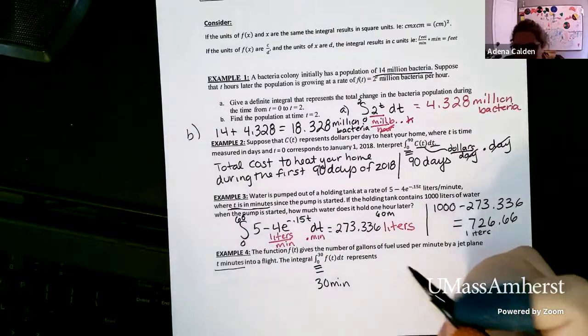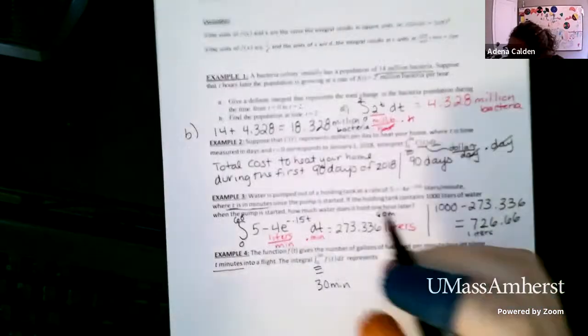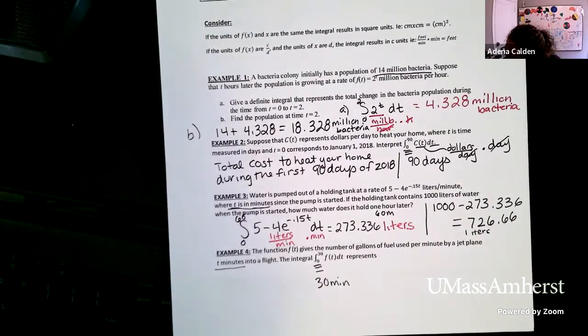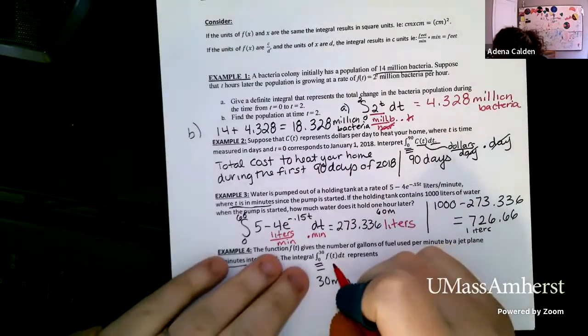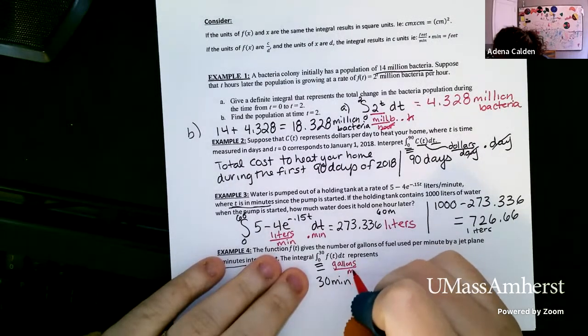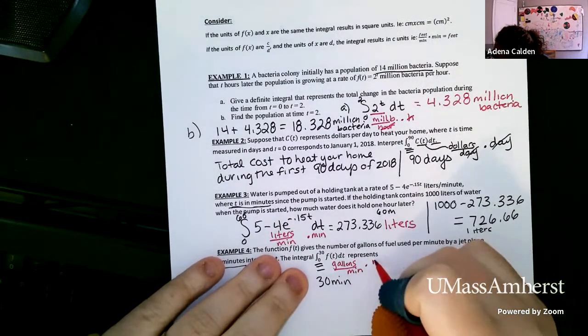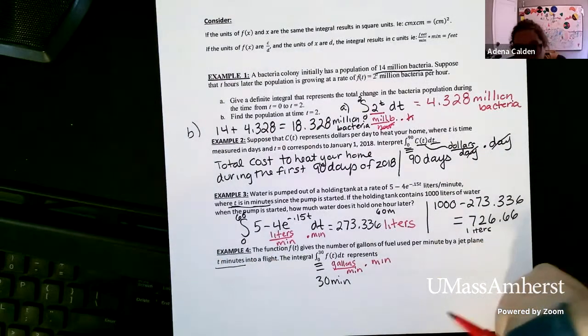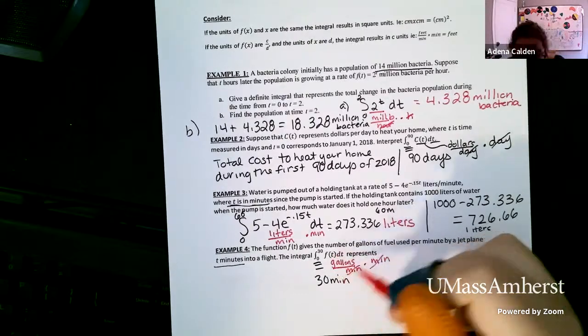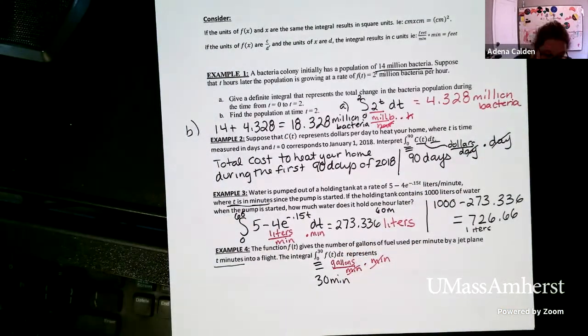And so what is happening over these 30 minutes, right? So f of t, the function that we're evaluating, is gallons per minute of fuel. And then the units of the independent variable are minutes. So whatever this number is, it's in gallons, right?